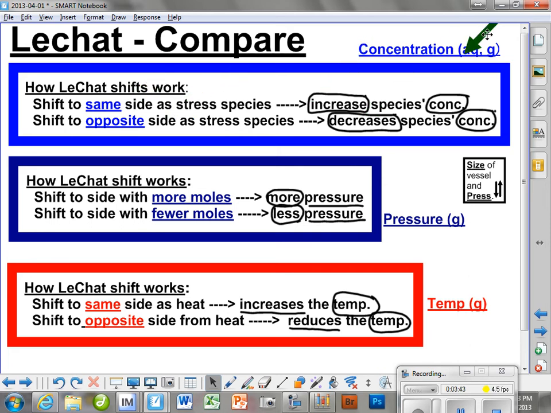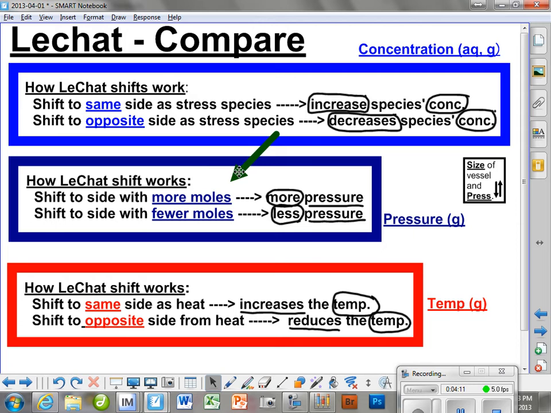Now this is assuming that we're working with concentrations. If we're working with pressures, Le Chat is going to have to work with the number of moles, the side with more moles. We figure that by counting up the reactants and then the products' coefficients.